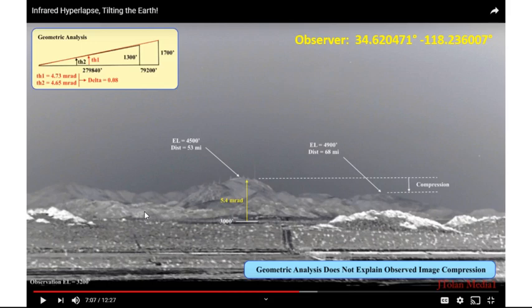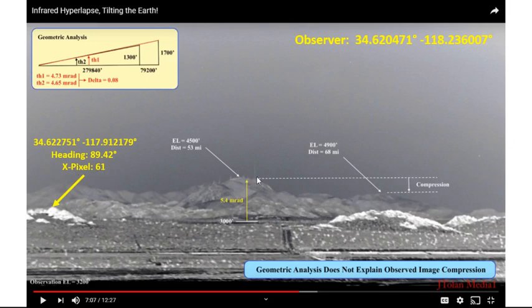Secondly, I had to pick out a couple of landmarks here in order to derive an angular size scale. I picked this little landmark here, which is kind of like a bunch of rocks. This is its location. This is its heading from the observer location. And on my screenshot that I took, the X pixel coordinate was 61.